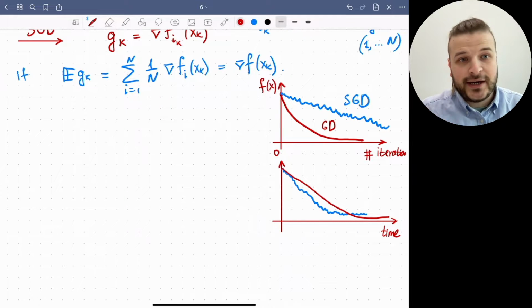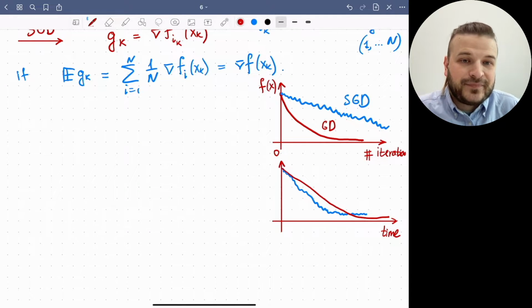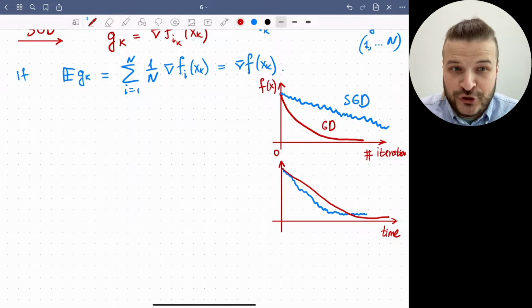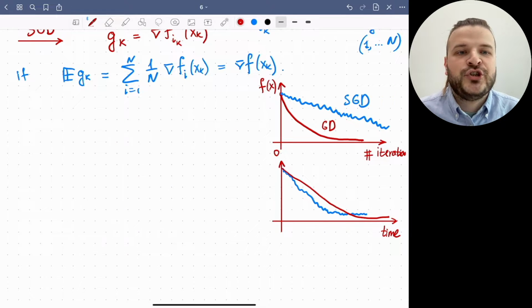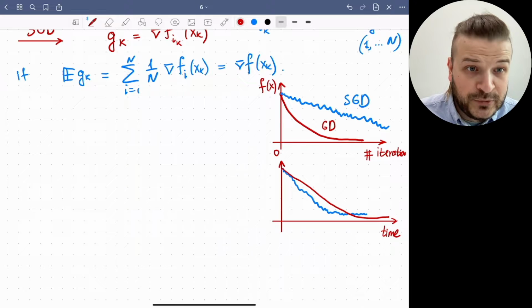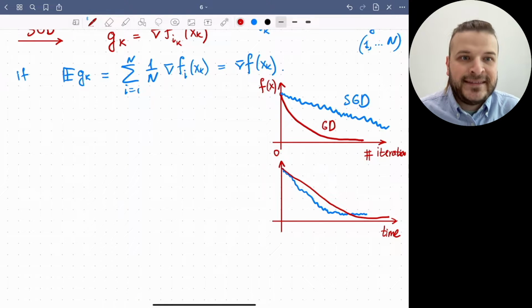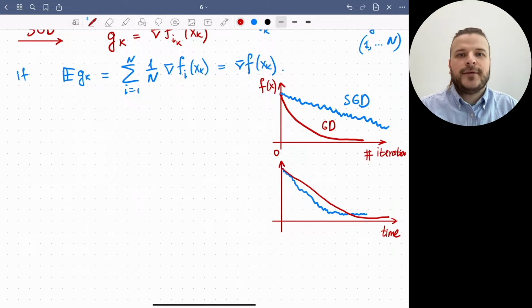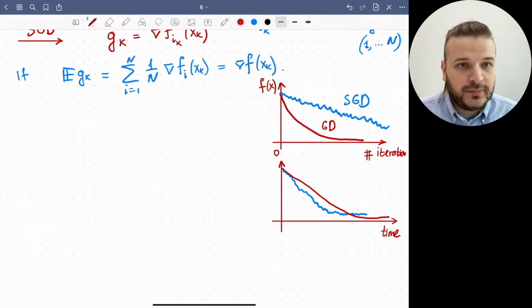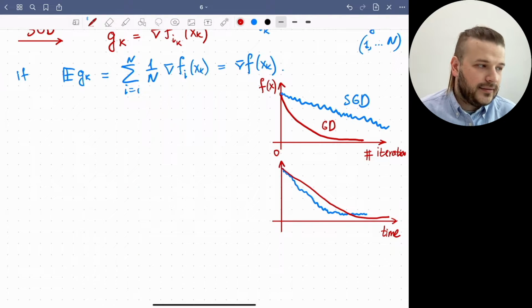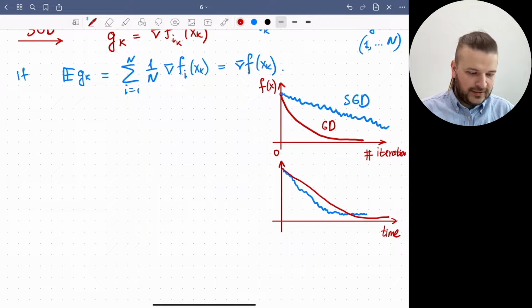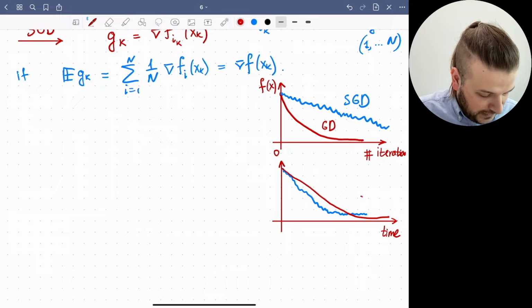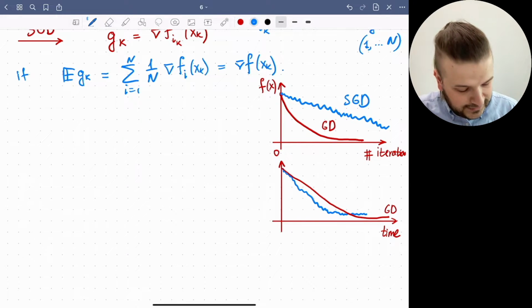Actually, that's not guaranteed anywhere here, but that's the illustration of the idea that an SGD iteration is n times cheaper, which could be significant because, as we said before, n could be 10 to the power of 9, for example, or 10 to the power of 8. That's ridiculous, that's very big. Again, that's the gradient descent, that's the stochastic gradient descent.